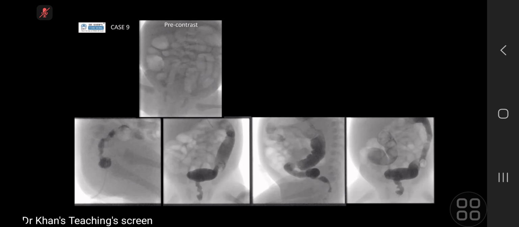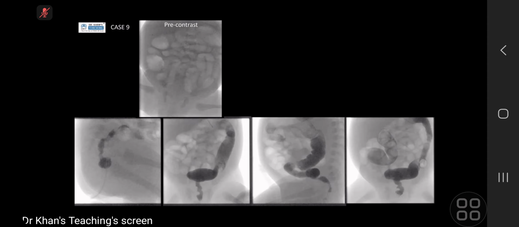Okay, again, the pre-contrast showing dilated loops of bowel and the lower GI contrast study. I can see that the contrast is within the descending colon and the rectum, but I'm not sure where it goes after that.